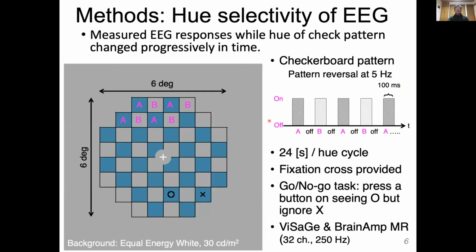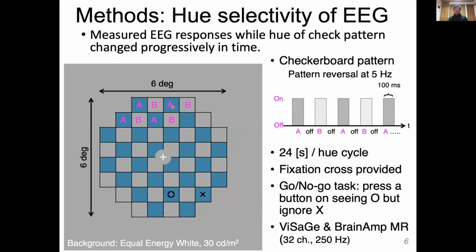So the stimulus was like this. It is almost the same stimulus setup used in our fMRI study: a checkerboard pattern alternating its color between color and gray at 5 Hertz, so that the evoked potential will have a 5 Hertz component corresponding to the flickering alternation of the checkerboard.